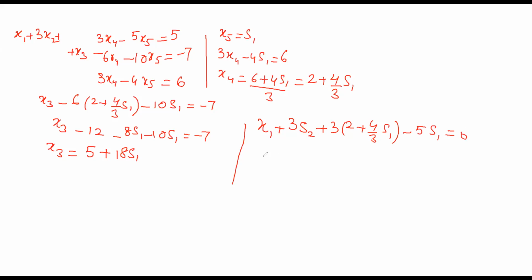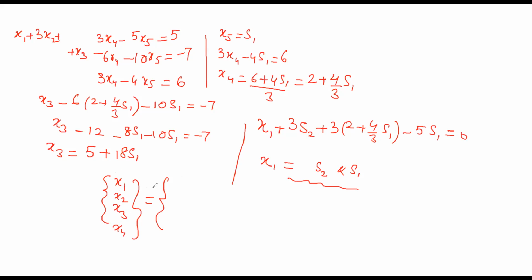Okay, so now we can find the value of x1 in terms of s2 and s1. I will not do it over here, but you can just find the value of x1. So therefore, our solution set over here will be x1, x2, x3, x4. Whatever values we have found, the value of x1 will be in terms of s2 and s1.